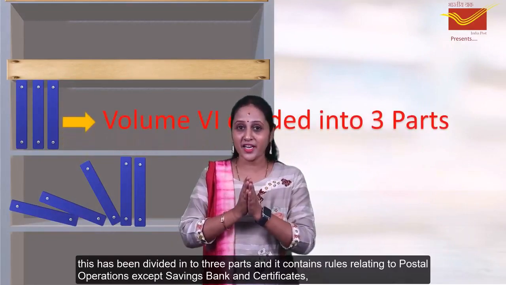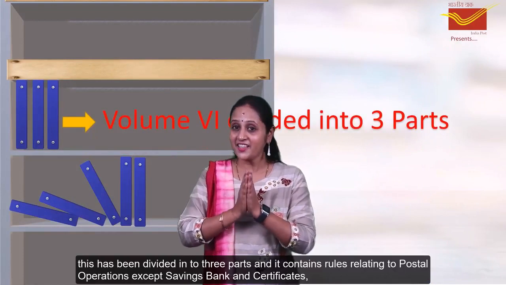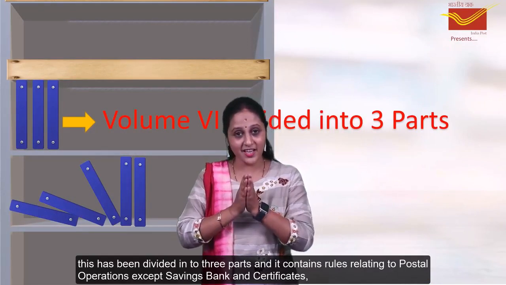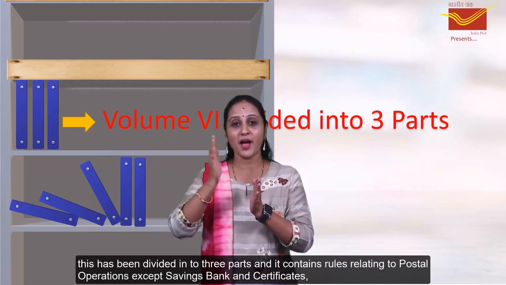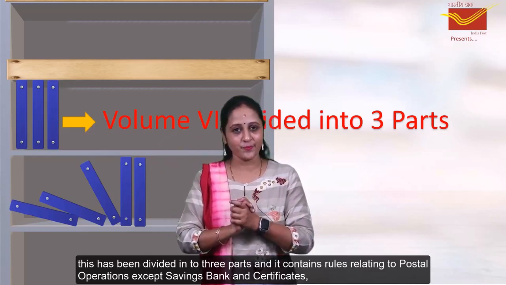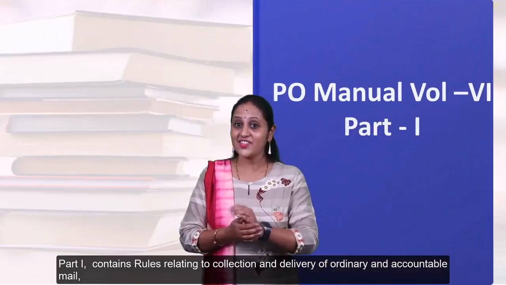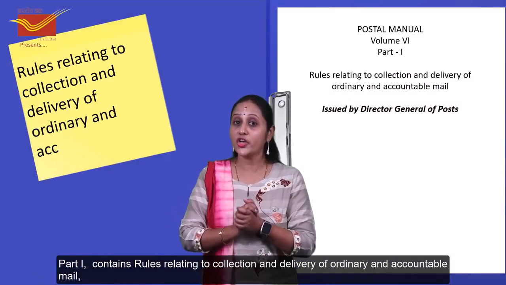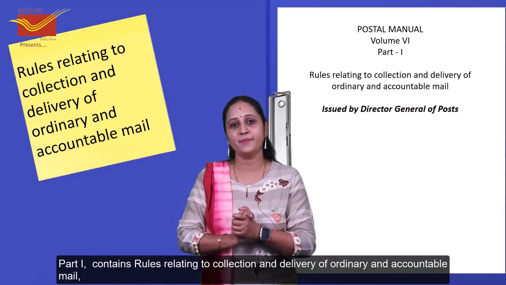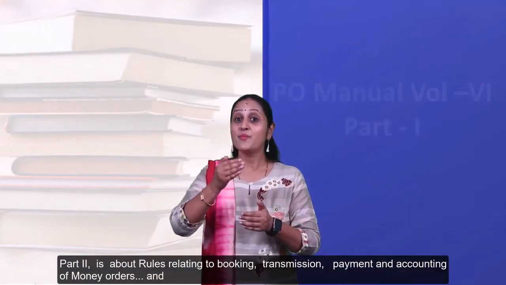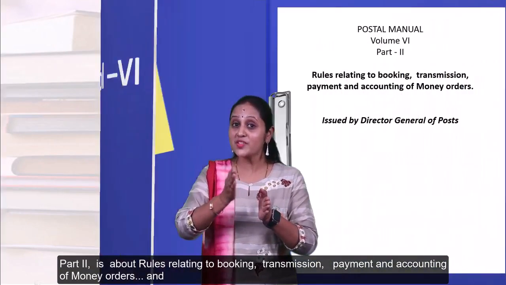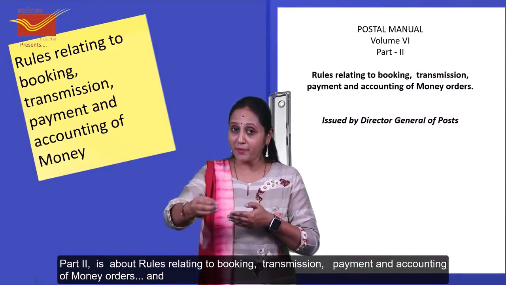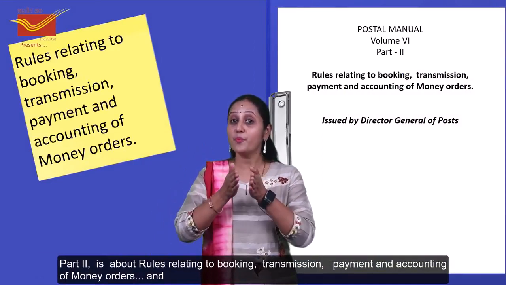This has been divided into 3 parts and it contains the rules relating to the postal operations except savings bank and certificates. Part 1 contains the rules relating to the collection and delivery of ordinary and the accountable mail, whereas Part 2 is about the rules relating to booking, transmission, payment and accounting of money orders.